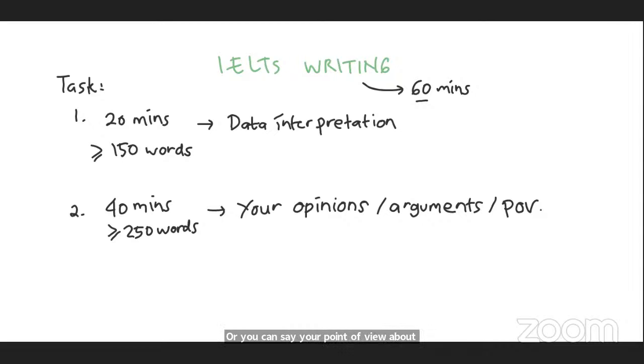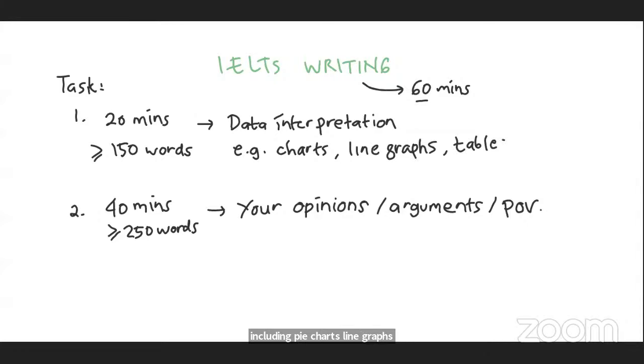about a certain issue. Okay, for example, for the first one, the example is charts, including pie charts, line graphs, and there will also be tables or diagrams or even maps.